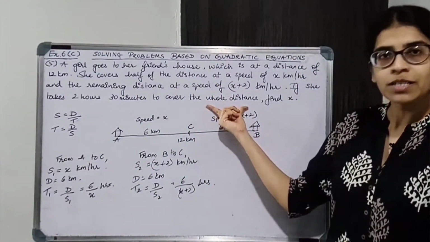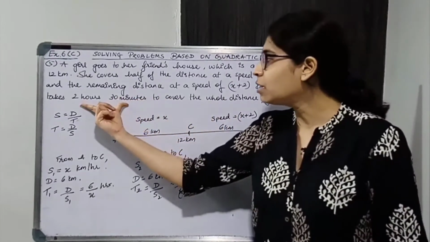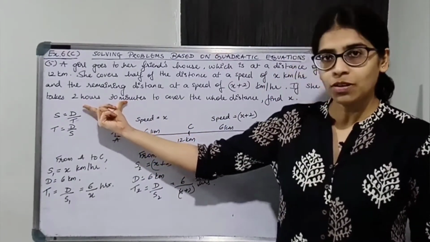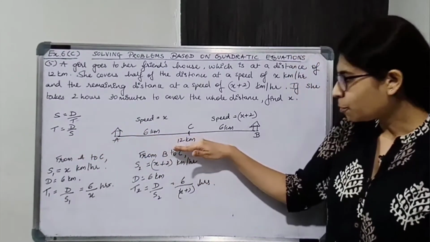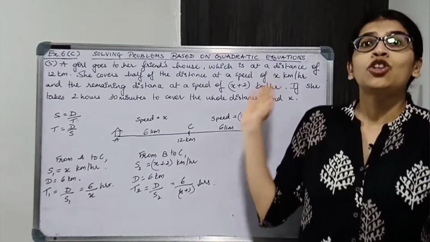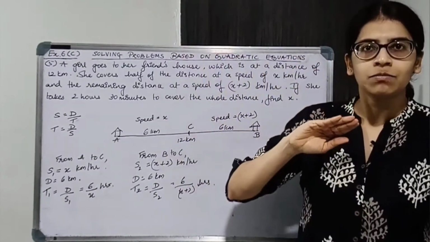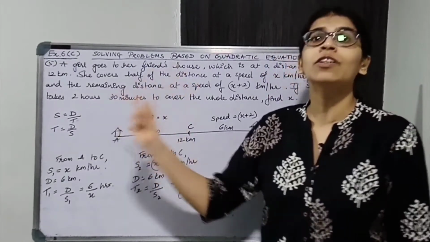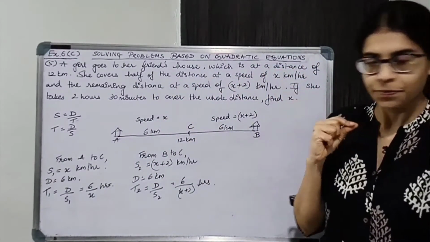The whole distance she is finishing in this much time, 2 hours 30 minutes. So the time taken from A to C plus time taken from C to B will be the total time taken. And total time is 2 hours 30 minutes to cover the entire journey.